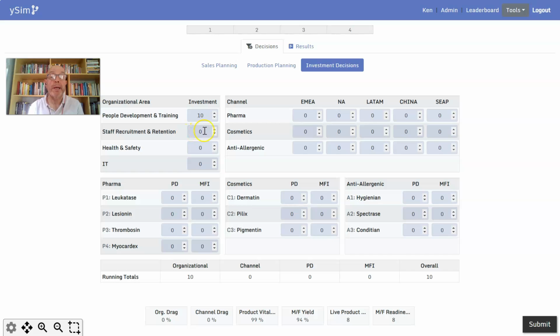So I'm spending 10% on people development. I'm going to spend maybe 30% on IT, and these are just made up numbers. Then we've got our channels, and that's how we sell product in the different channels. The products are grouped into segments: pharma, cosmetics, and anti-allergenic, and there will be various challenges happening in your channels, which might mean you need to make investments here.